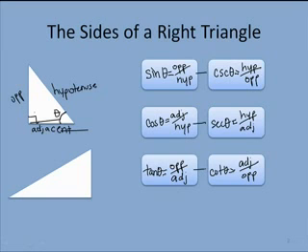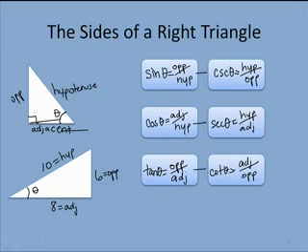Okay, so let's do an example here, and this example, again, should be review. If we have a right triangle, we'll call this angle theta, and our side lengths are 8, 6, and 10. Our opposite side length is 6, our adjacent side length is 8, and our hypotenuse is 10.